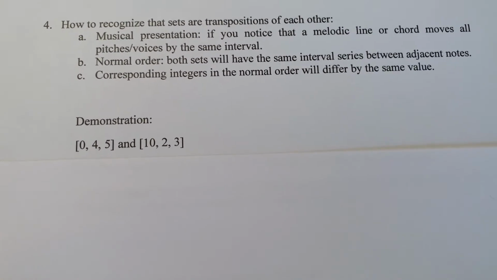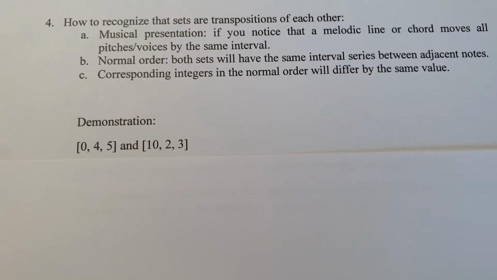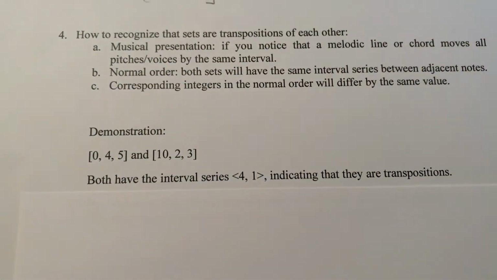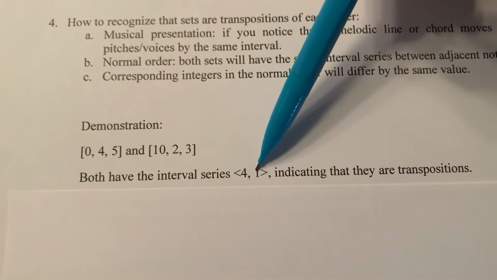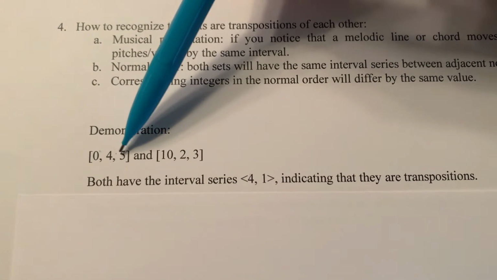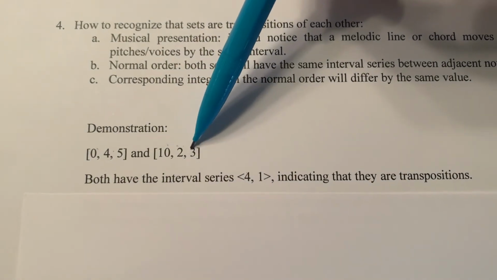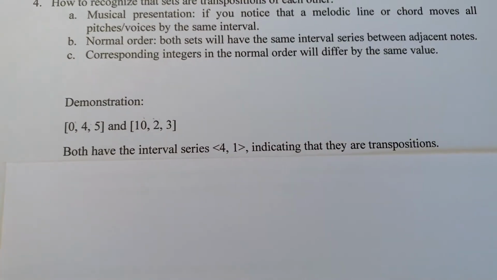So, for example, in this case, let's say we have the sets 045 and 1023. You'll notice that both of these have the interval series 4 and then 1, right? 0 to 4 is 4, and then 1 between these two notes. That indicates that they must be transpositions.